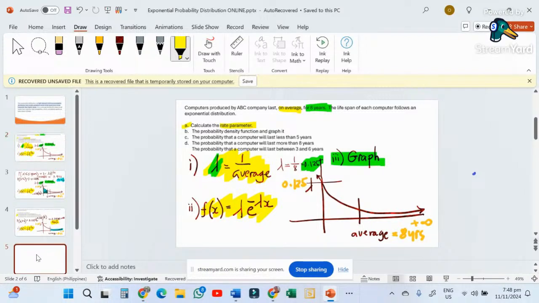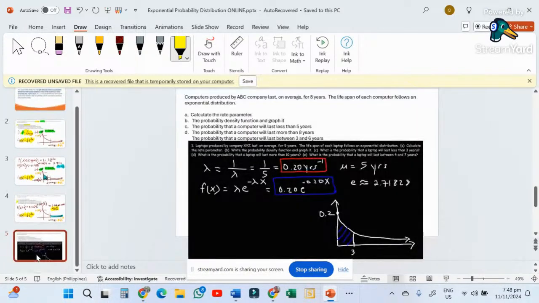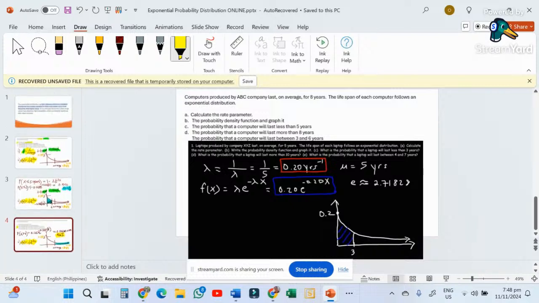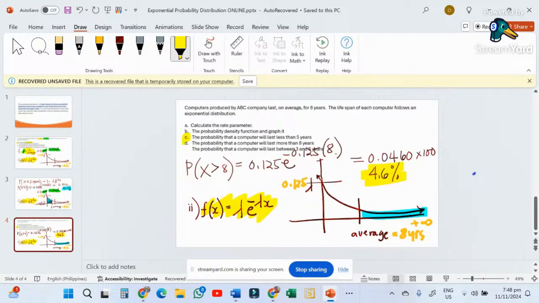All right then. So I hope you understood how the exponential probability distribution is done. I will forward this to you so that you have something to refer to, and it will help you during the exam as well. But of course, it's not similar because you're going to use the formula here.